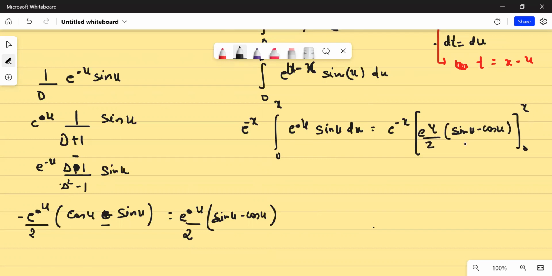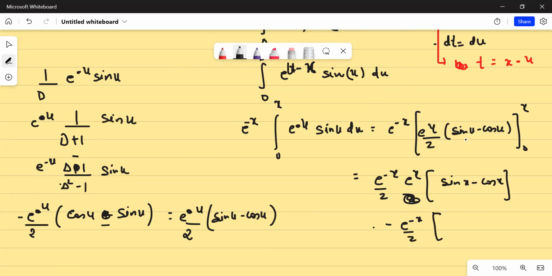So if I write x here, I'll get e to power minus x upon 2, e to power x upon 2, and then I will get sine x minus cos x. And if I write 0, I mean negative, I'll get e to power minus x is obviously there, 2 is there. What is here?